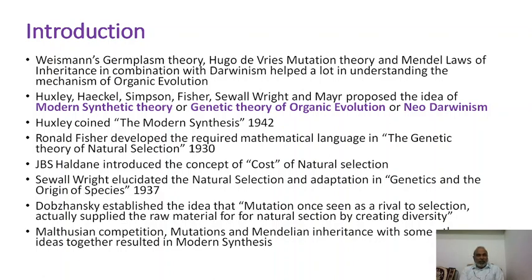Okay, so these sports, or the mutations, once seen as a rival to selection, are now supplying the raw materials for evolution, and they are creating diversity. I read: mutations once seen as a rival to selection actually supplied the raw materials for natural selection by creating diversity.